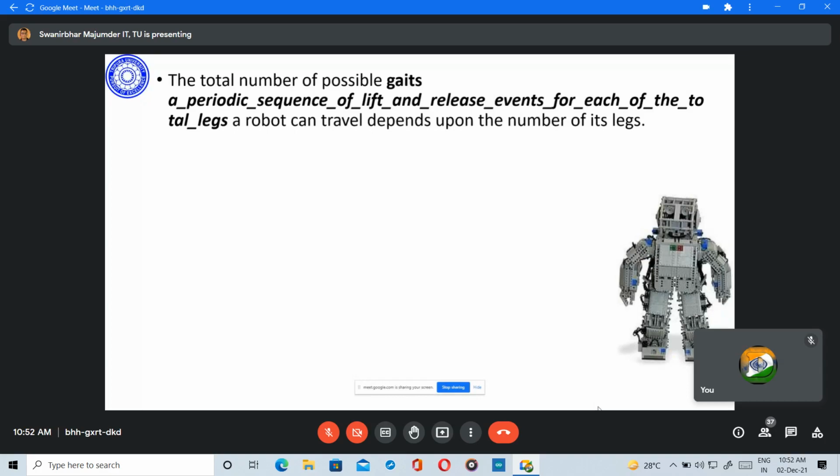So IIT Guwahati is working on gait-based biometrics, as well as correcting the postures of people who have osteoarthritis and other conditions. In old age, I think many of you know that old people have osteoarthritis, and you'll see it mainly in the ladies, because during childbirth a lot of calcium is consumed by the child, since the bones and other parts of the child are formed from the mother.